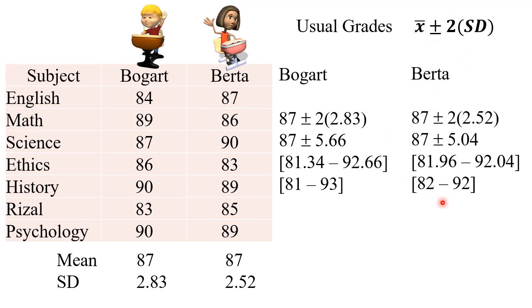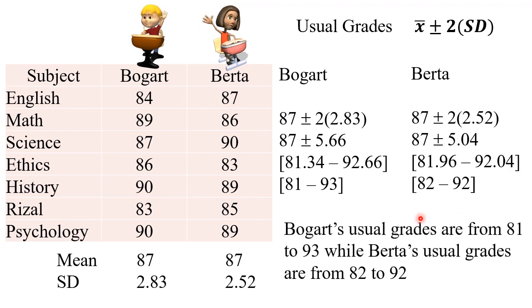So we are 95% confident that these are the grades of Berta considered as usual. So Bogart's usual grades are from 81 to 93, while Berta's usual grades are from 82 to 92.